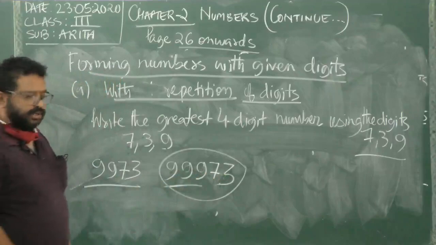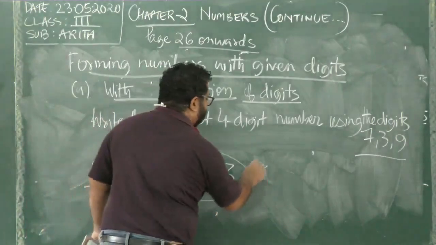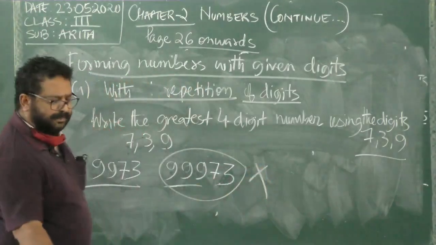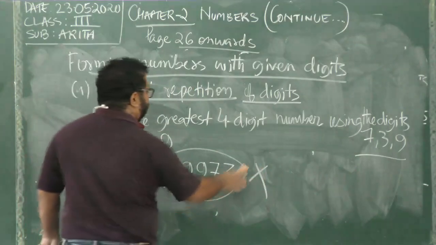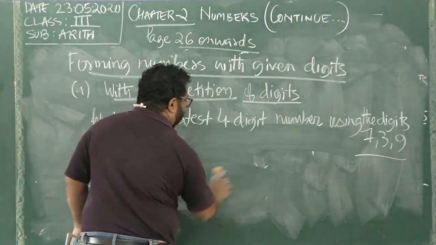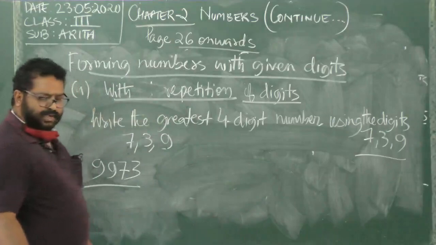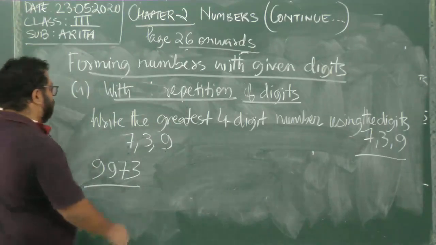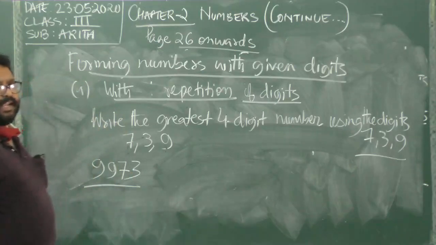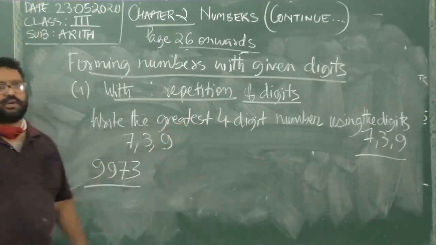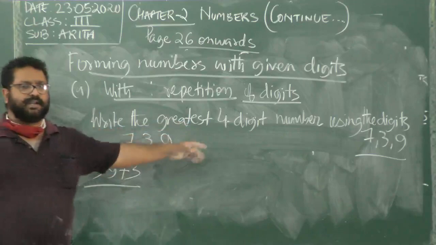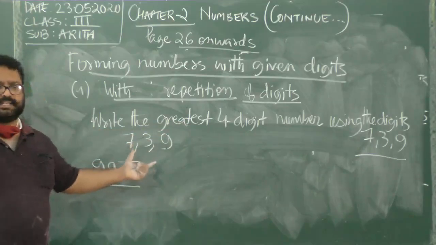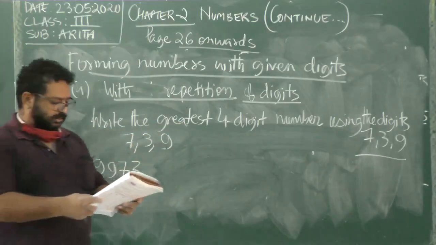Do you understand? Sometimes children make this mistake, which is wrong. Sometimes children overlook this and try to make a number like that, but that is wrong. So only once we can repeat it if you have to make the greatest 4-digit number using all these digits given to us.